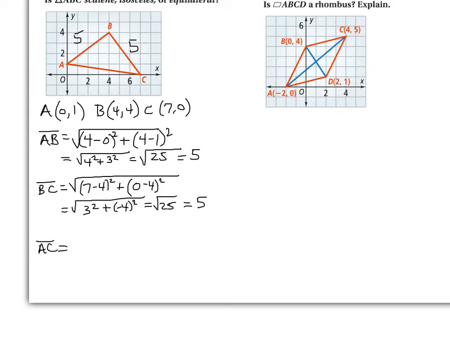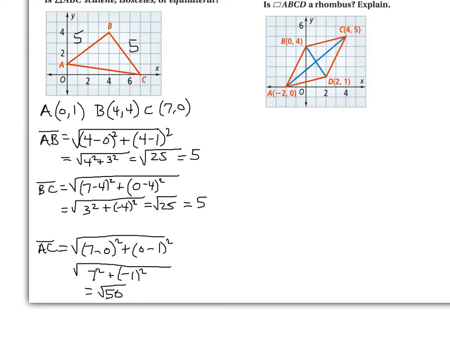So now if I take here AC, 7 minus 0 squared plus 0 minus 1 squared. You've got to find the distance. This is going to be the square root of 7 squared plus negative 1 squared, which is going to be 7 squared is 49. Negative 1 squared is 1. So 49 and 1 is 50. The square root of 50, I can't break that down in terms of a perfect square.